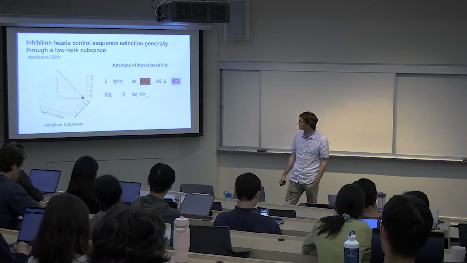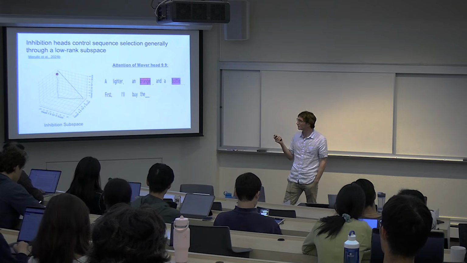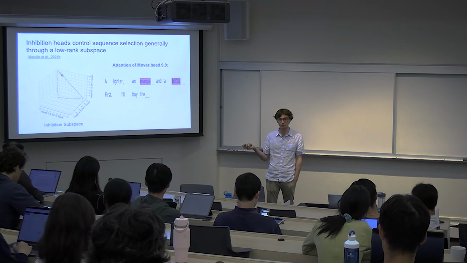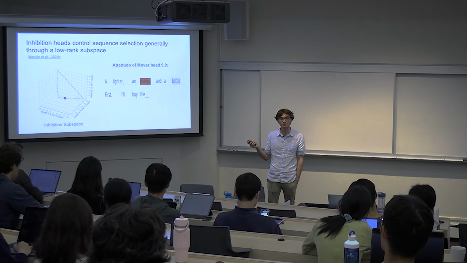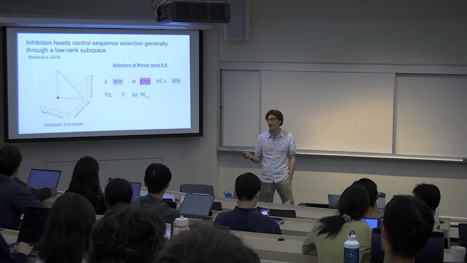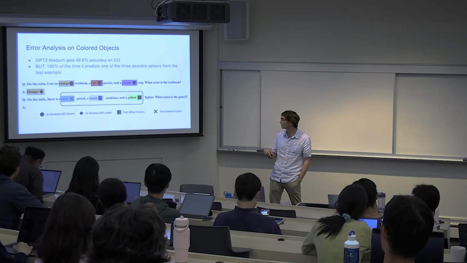So in a follow-up paper to this, I thought the inhibition heads were really interesting, and we took a deeper look at how this specific computation happens. Let me go back for a second.